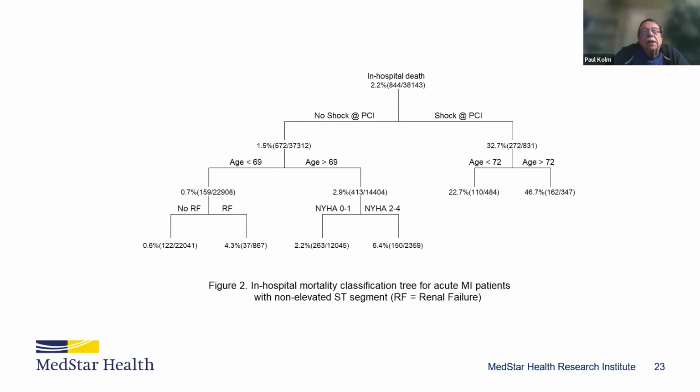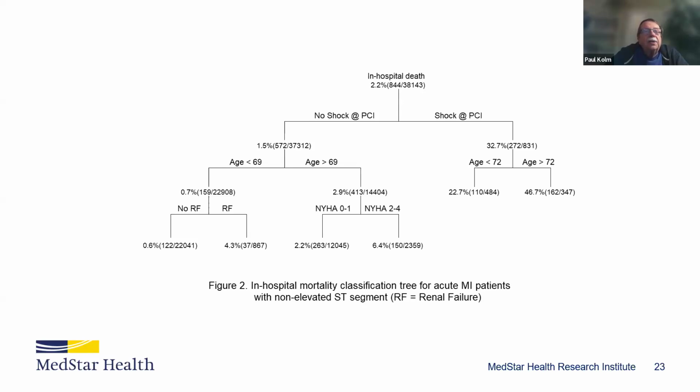Again, you can see that shock is the primary driver of in-hospital death. Then we have a split for those with shock at age, in this case age greater than 72 or less than 72. For those with no shock, there's a split at age, but this time the split is at 69.